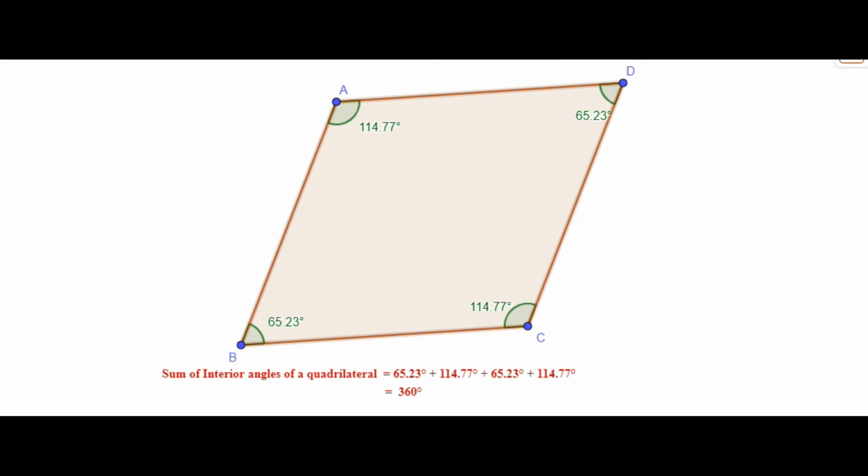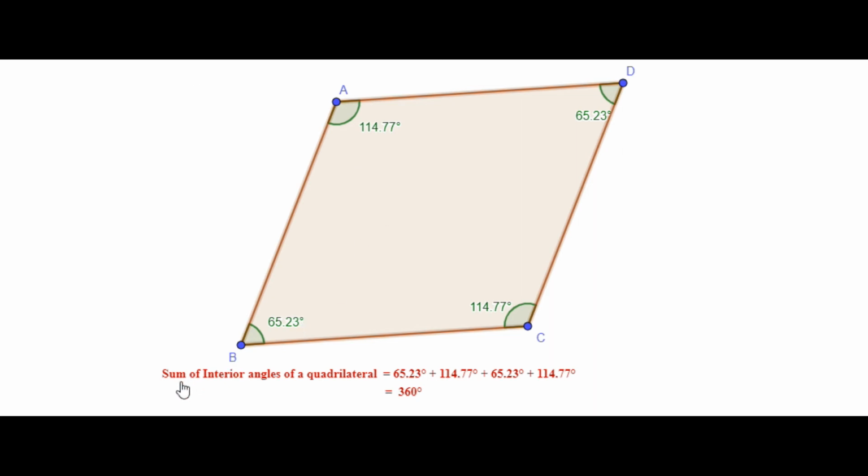So I've got this quadrilateral ABCD, and in fact if you look at the angles, we see that angle A is equal to angle C and angle B is equal to angle D. And we know that when both pairs of the opposite angles in a quadrilateral are equal, that means the quadrilateral is a parallelogram. And if you didn't know, we discussed that in the last video in which we learned about the properties of parallelograms, and we learned that the opposite angles in a parallelogram are always equal. So this is a parallelogram for sure.